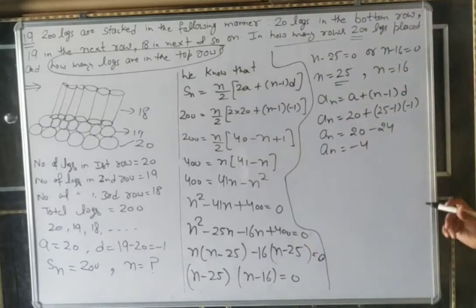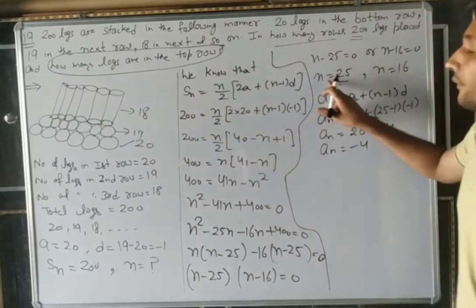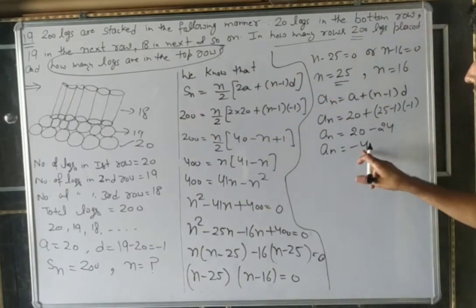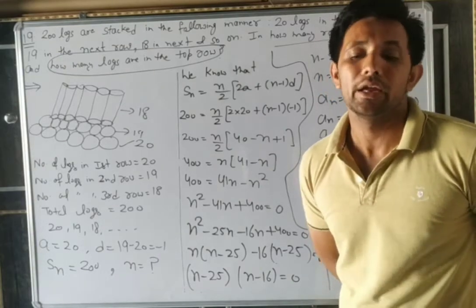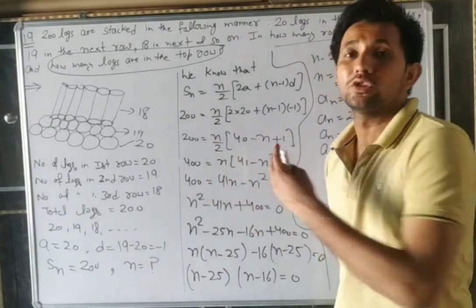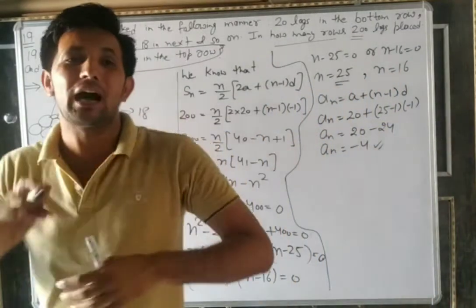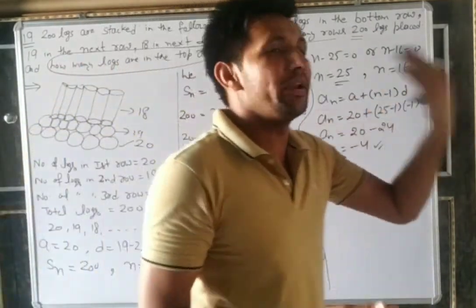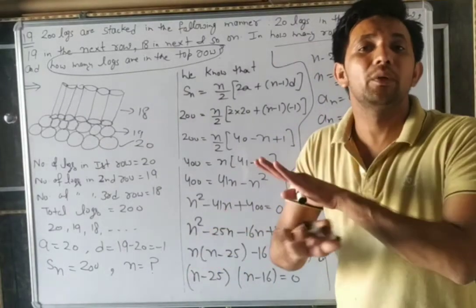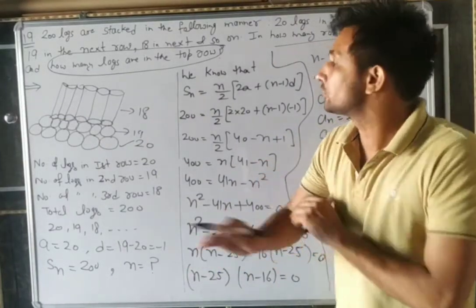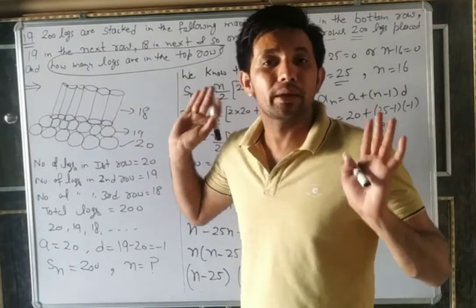It means how many logs are in the 25th row? Minus 4. If I ask you how many books, how many bottles, how many fans in our school, the number can never be negative. Same with the number of logs: 1, 2, 3, 4, it is always positive.